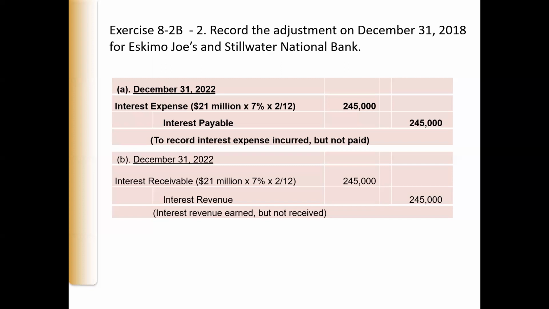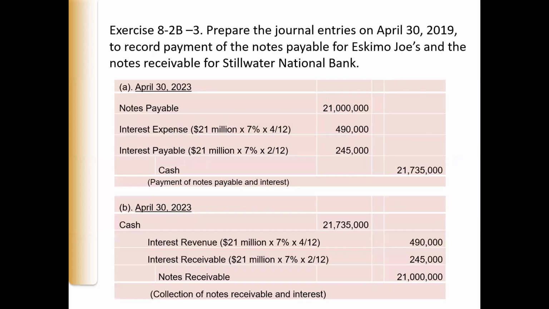Now, when the note is paid off on April 30th, it's at this time we're going to show January, February, March, and April's interest. So for Eskimo Joe's, we calculate that interest in the next year by taking 21 million times 7% times 4 months out of 12 months, which is 490,000.